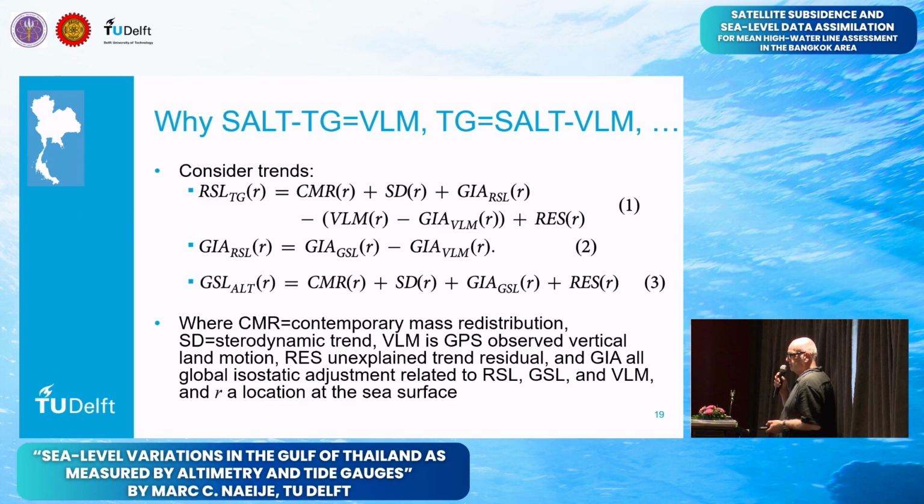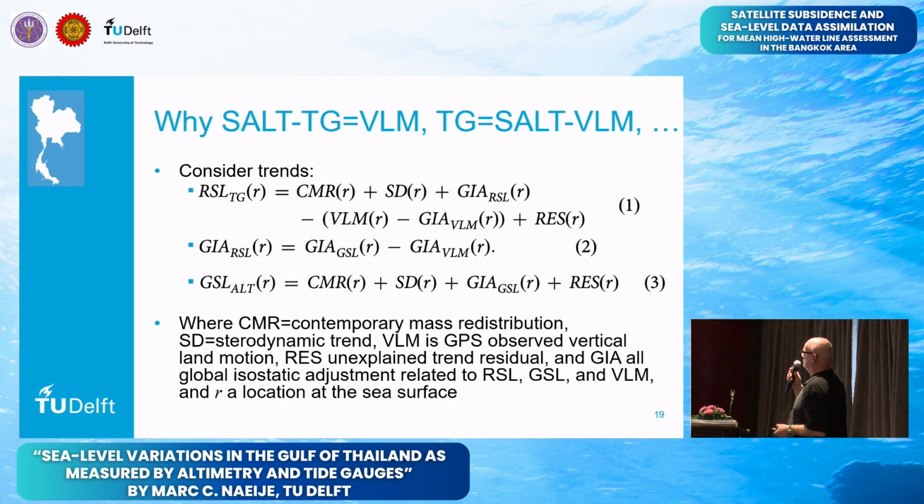We already saw in the presentation of Wim talking about vertical land motion and how you can deduce that from, on one hand, of course, the GNSS, but on the other hand, combining the altimeter, or let's say the SLA, with the tide gauge. And you can make all these kinds of combinations.